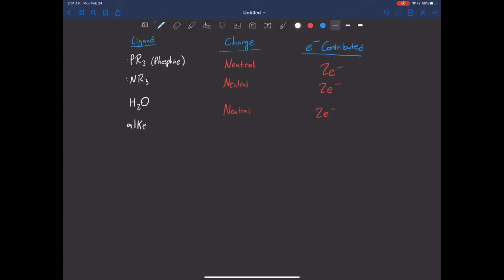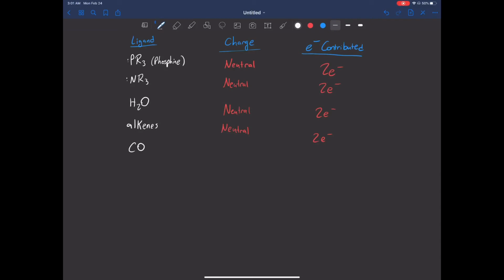Let's put that instead. All right, alkenes. Alkenes also are going to be neutral, and they're going to be 2 electrons. Now, I left benzene for a second just because I don't want to get to it just yet. It will break the flow of this chart, and you guys will see why in a minute.